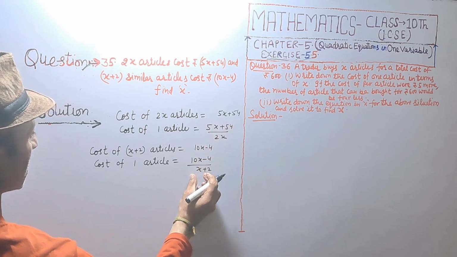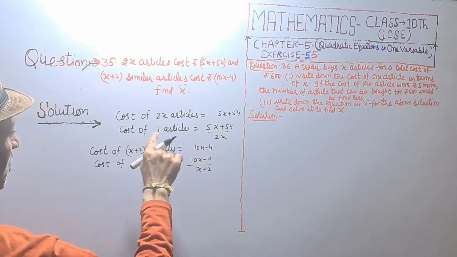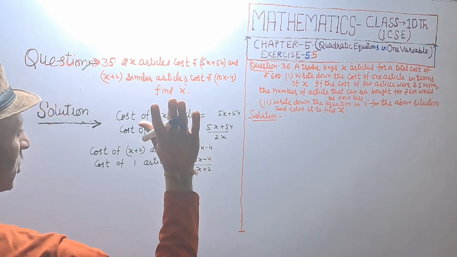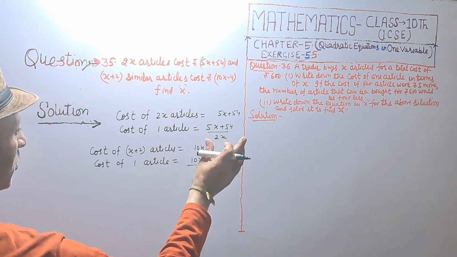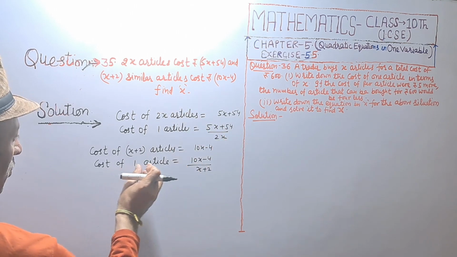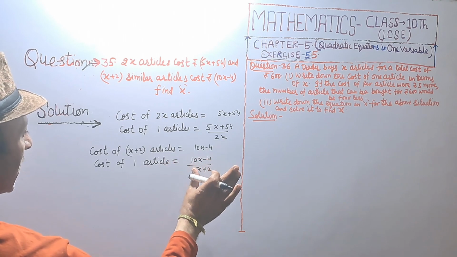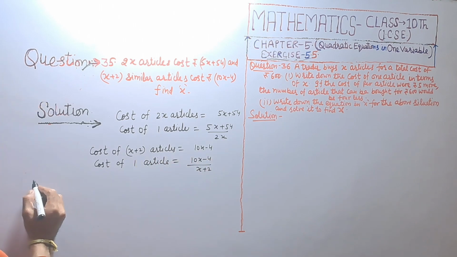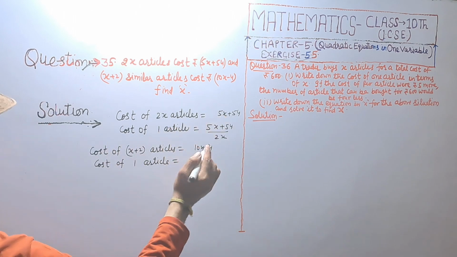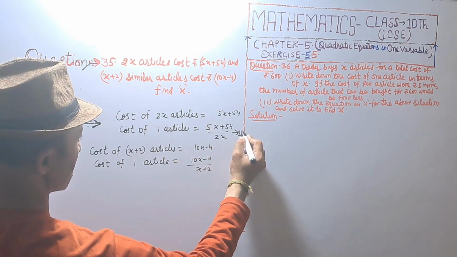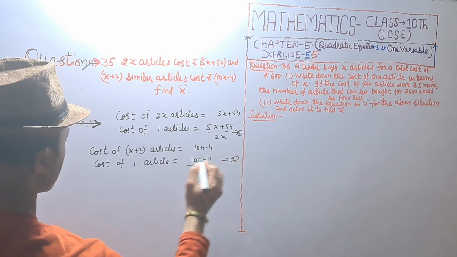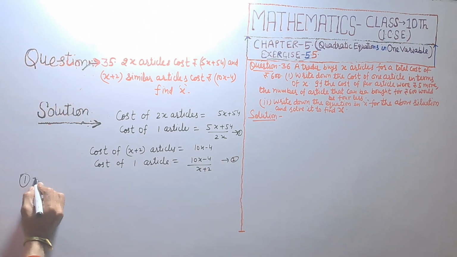So first equal to second. Cost of one article is equal to 5x plus 54 upon 2x, and cost of one article is equal to 10x minus 4 upon x plus 2. So first equal to second.